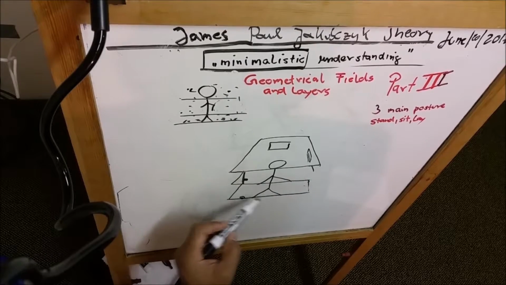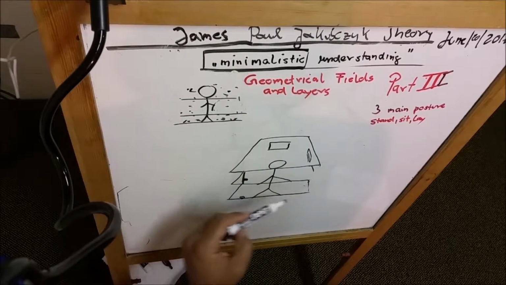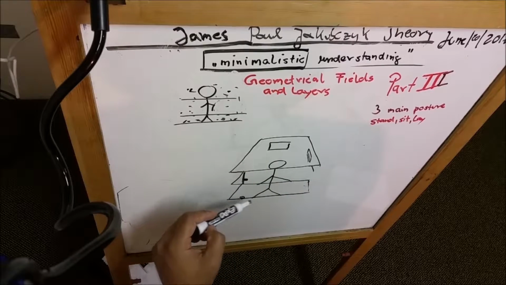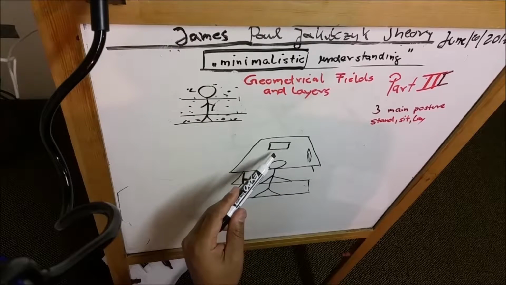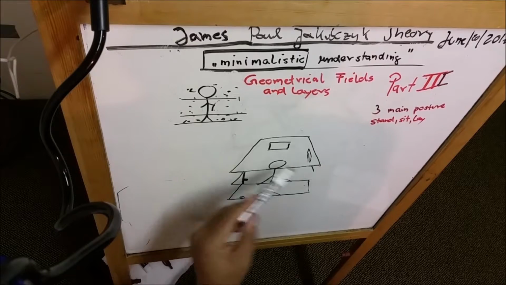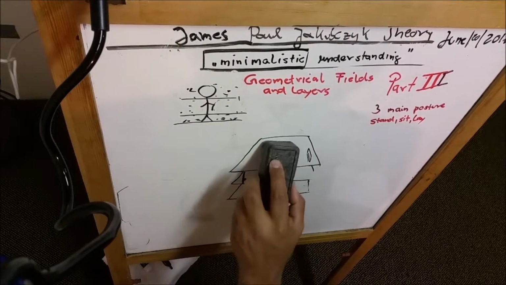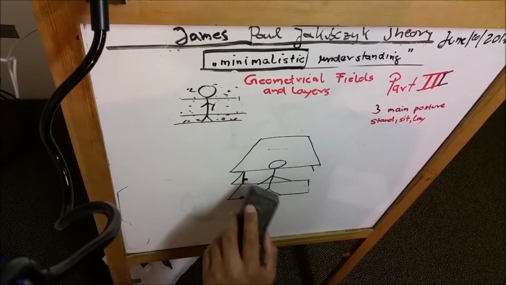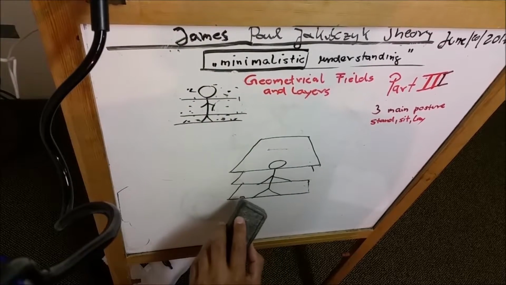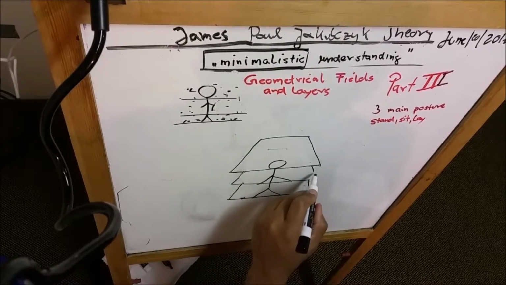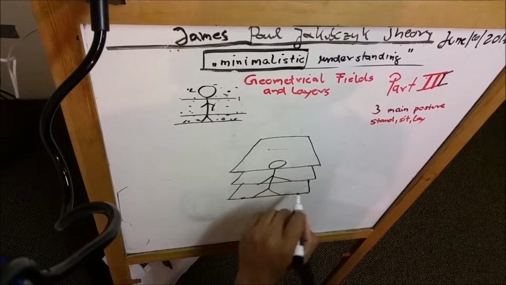So all things that you are interacting with are always in one of these layers, right? And they are very geometrical. They have a geometrical order in your occupational geometrical fields.